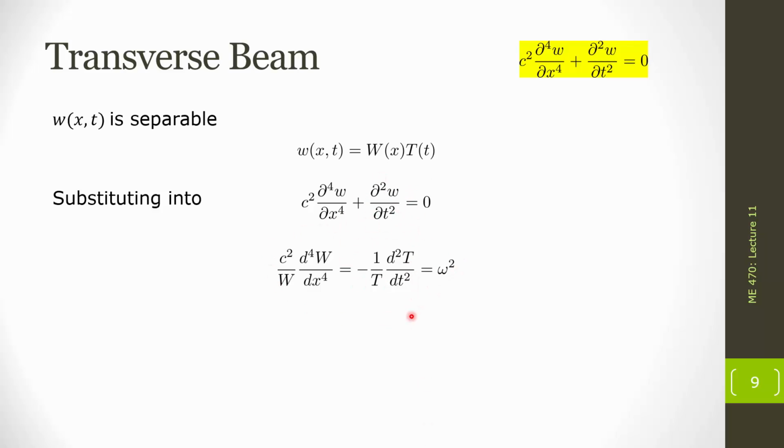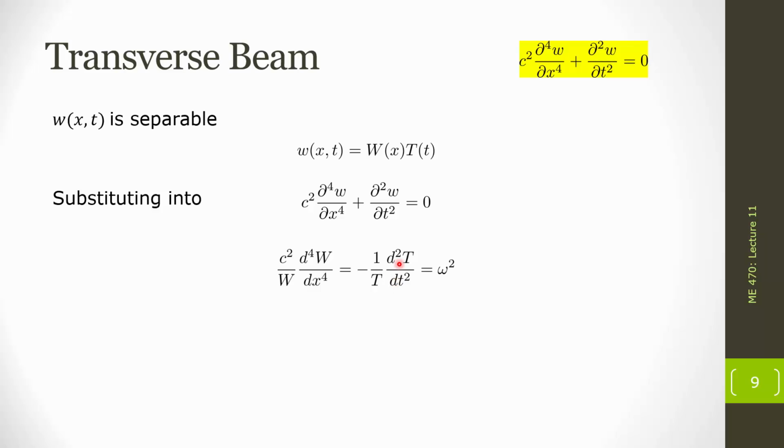Now, with a little bit of hand waving like we saw in the axial problems, we're going to be able to push the time to the right-hand side where it's currently 0, and we're going to get that we have a fourth derivative of W is equal to a second derivative of T. However, W is a function of only space, and big T is a function of only time. So for convenience, because we have a differential equation equal to another differential equation, and they are of different variables, we can say that they must be constants for them to be equal to each other.